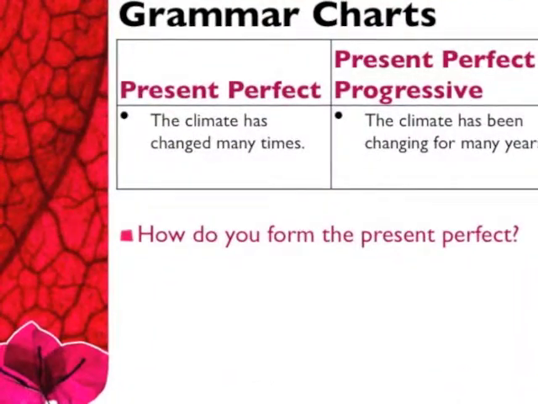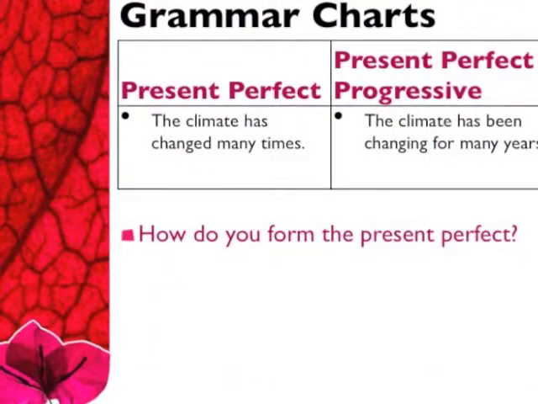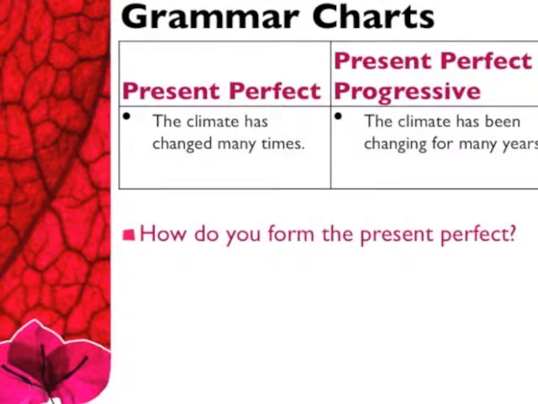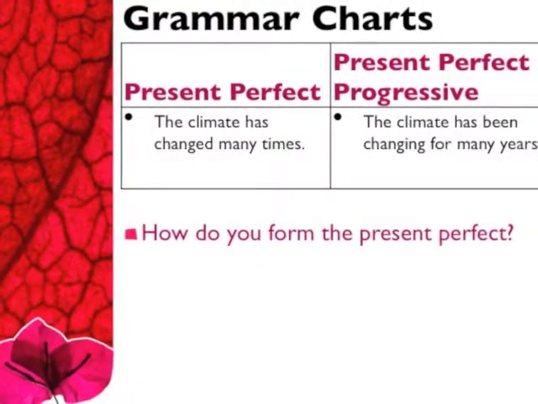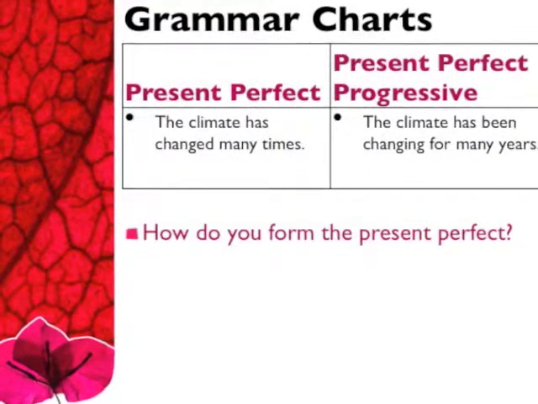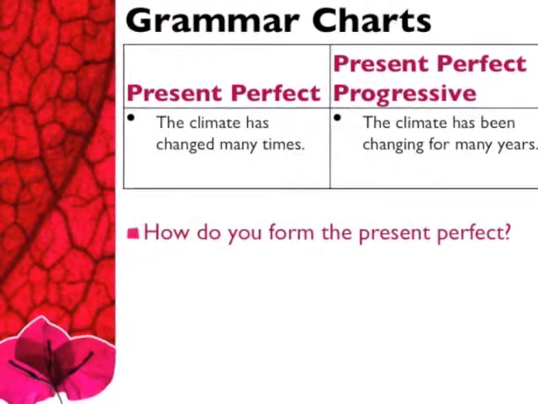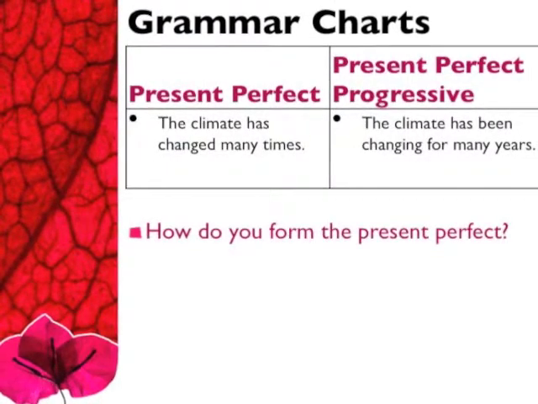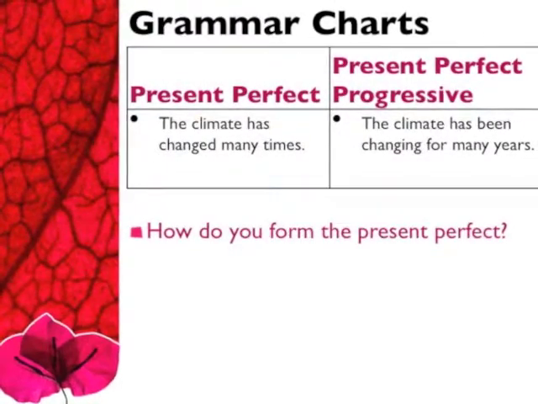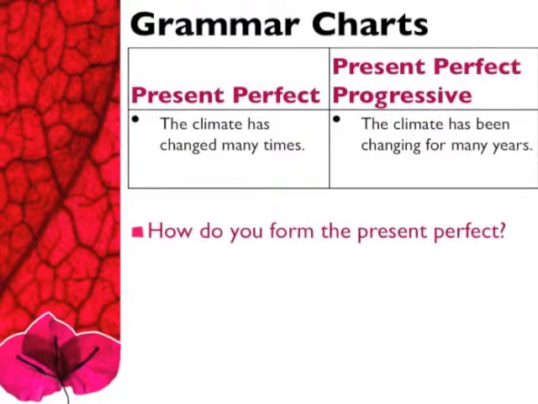Okay, so let's look at some examples. I have it divided into present perfect and present perfect progressive. If you look at the present perfect tense, it says the climate has changed many times. The present perfect progressive says the climate has been changing for many years.